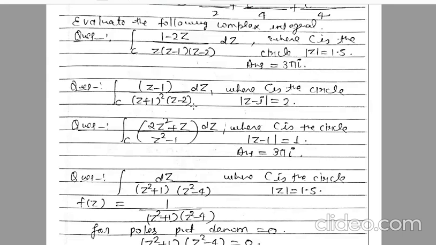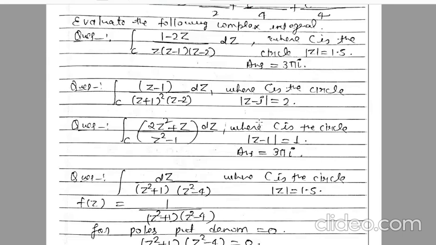Now our circle is given as |z minus i| = 2. That means this is a circle of radius 2 having center at x equal to 0 and y equal to 1. You can check here: z minus i means x plus iy minus i, that means x plus i(y minus 1).